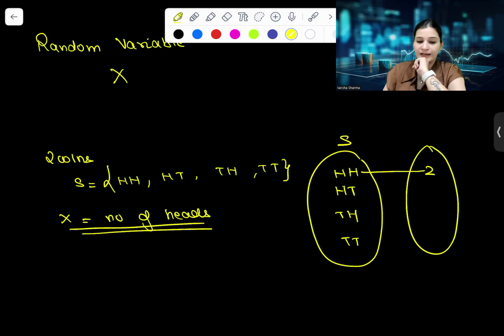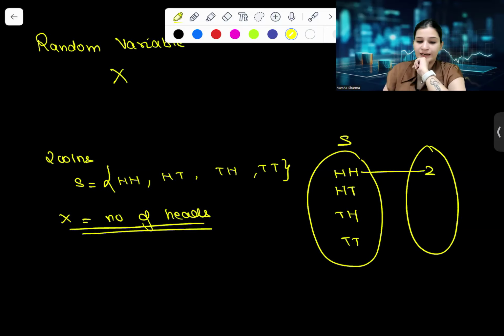So now find E of X, which is the mean. 12 by 8, that is 1.5.